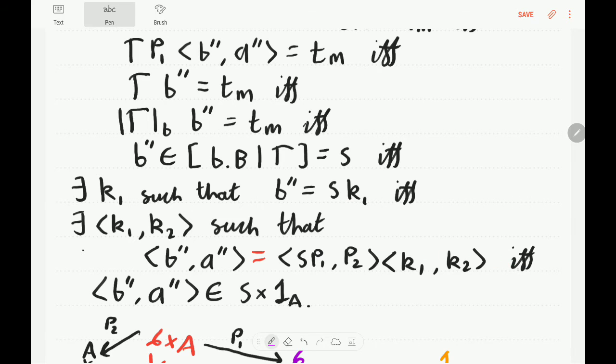Anyway, we can simplify this to say that this happens if and only if B double dash comma A double dash is in S times 1A, because S times 1A is this. Okay, and then we're done. That's it.